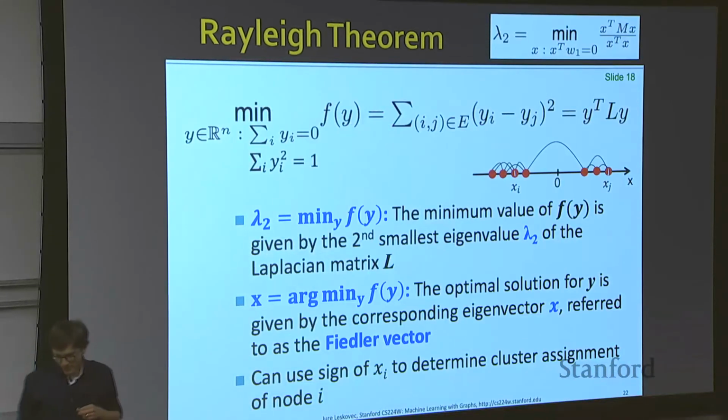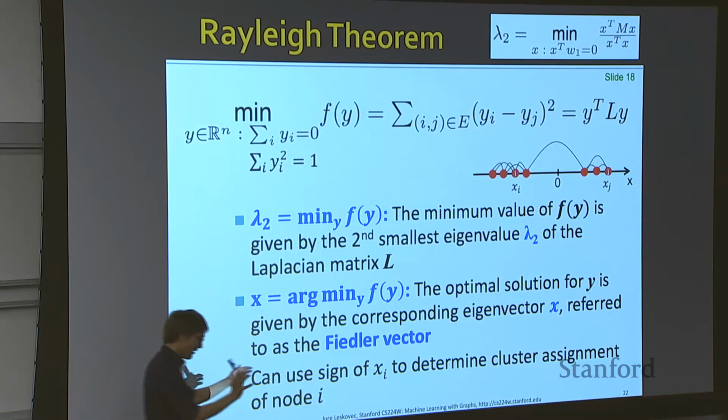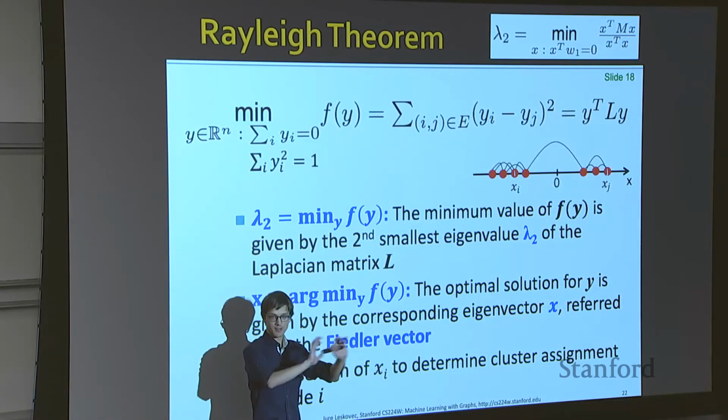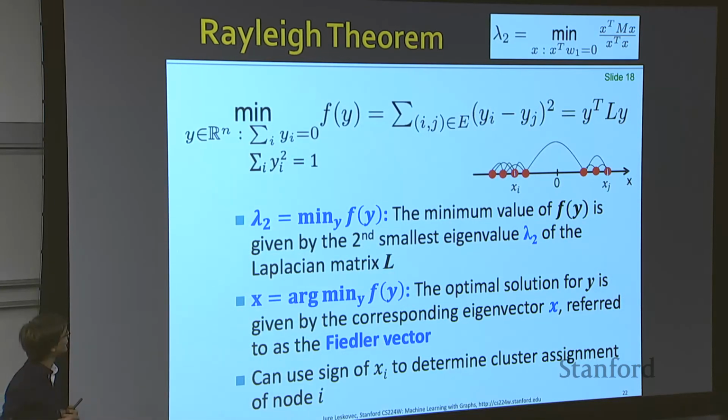Okay? So there is a Fiedler, and people will call it a Fiedler vector, and it's a very classical term in spectral graph theory. Then another classical result from spectral graph theory is called the Rayleigh theorem.